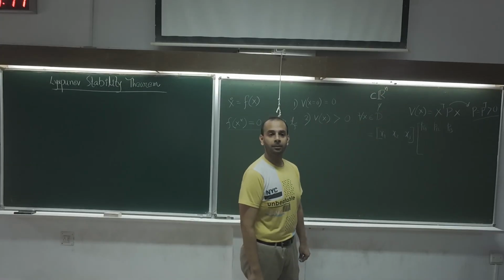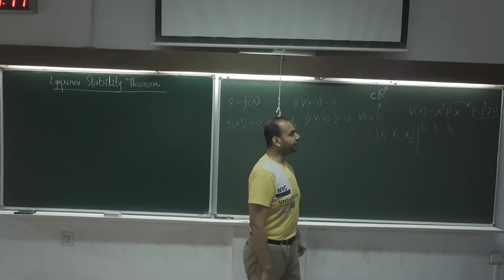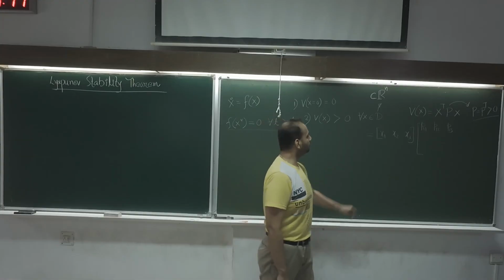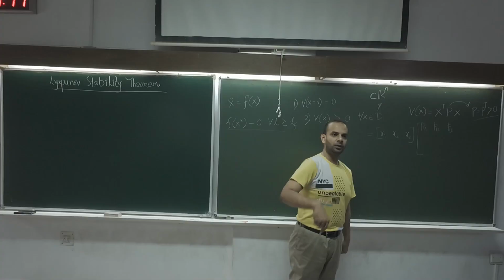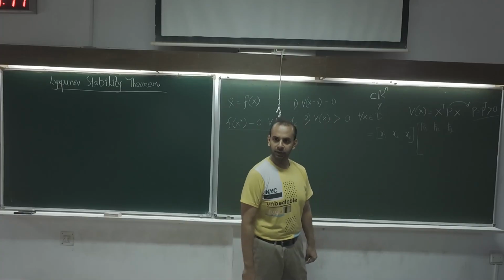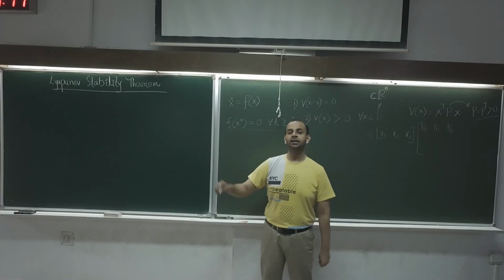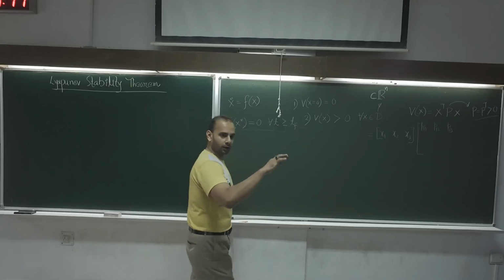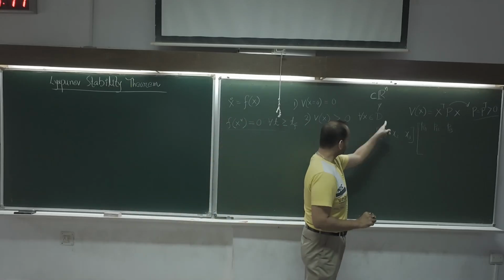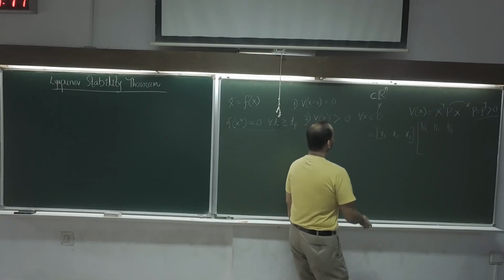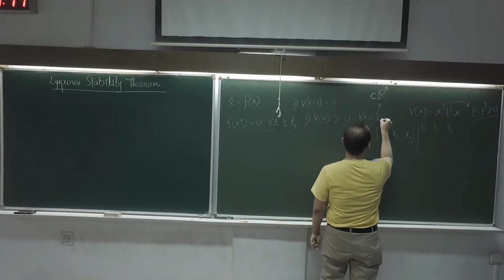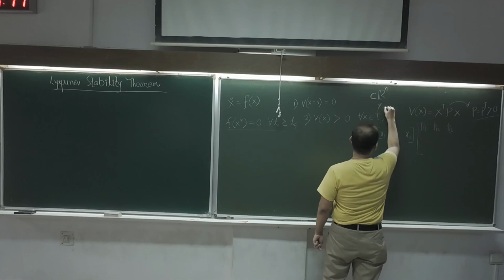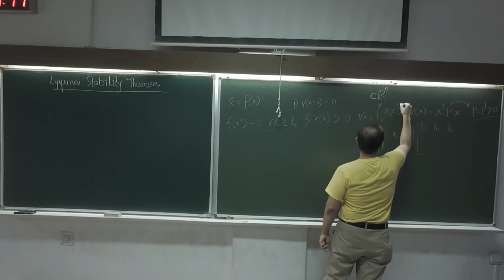Again, why is this requirement there? If it is for a linear time invariant system, no doubt you can directly write for all x belonging to Rn. But if it is non-linear, we cannot readily extend our analysis to the entire state space. So you have to do it for a region or a domain. That's why we are taking the concept of D. And here, for all x belonging to D, comma, x not equal to 0.